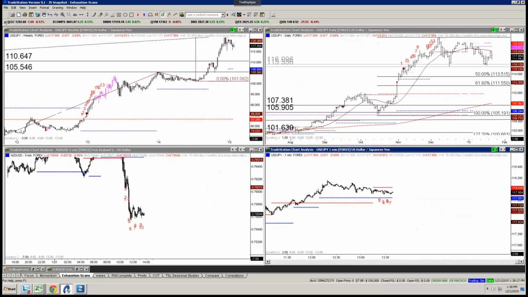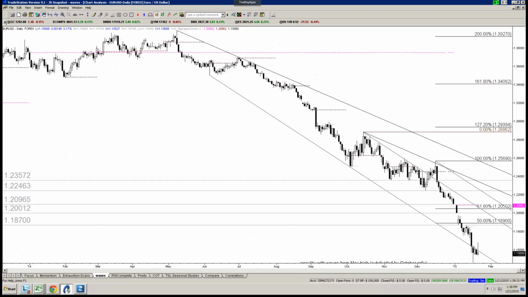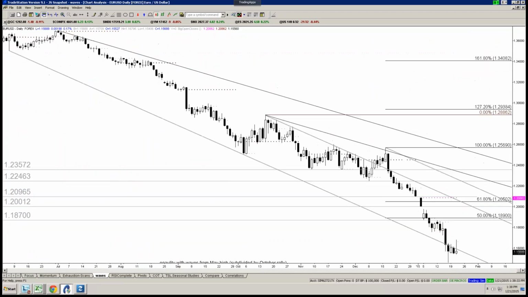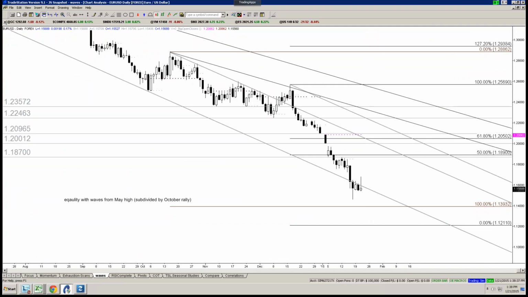But I want to be aware of levels, and with levels, $113.93, right? This is on the swing page, but $113.93 gives us two waves down from the May high when divided with the October advance.